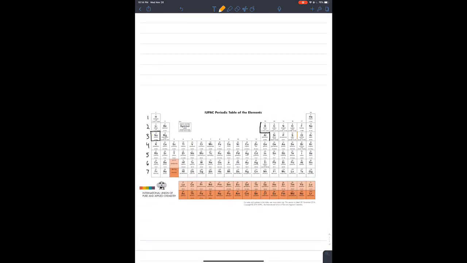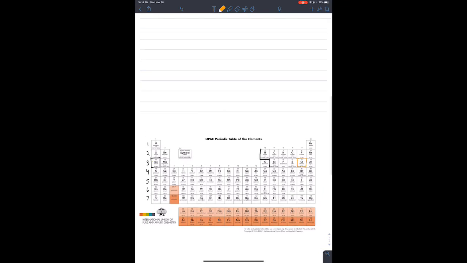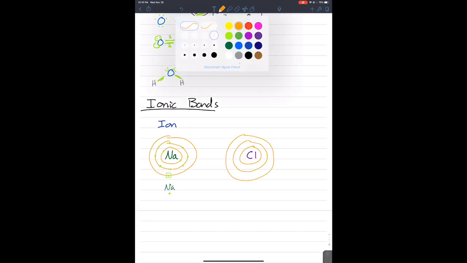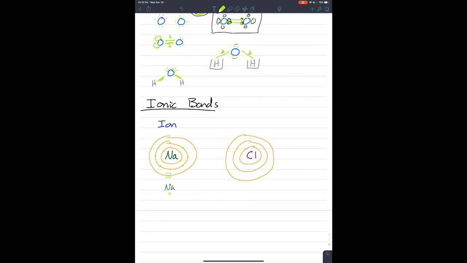Chlorine, which is over here, I'm doing it in orange, mixing up the color a little bit, that's all right. Chlorine, again, the third energy level, so we need 3 circles. 1, 2, 3. Okay, so again, 1s1, 1s2, full first energy level, 2s1, 2s2, 2p1, 2, 3, 4, 5, 6, 8 electrons in the second energy level.